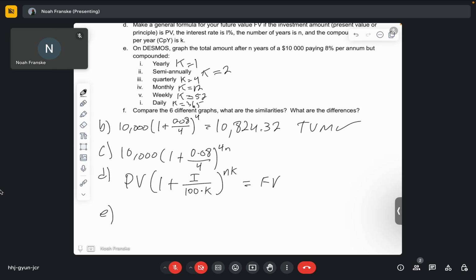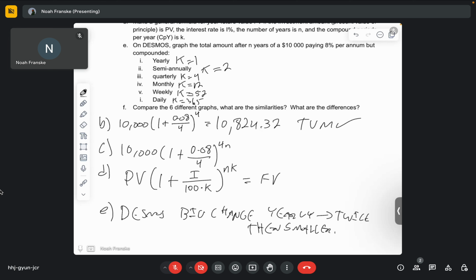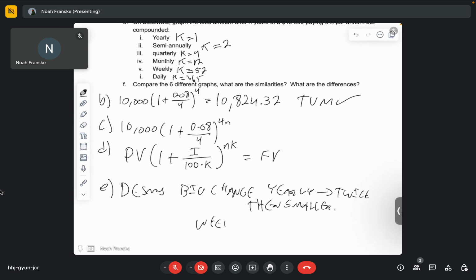All right, so E we did on Desmos, and we saw there was a big change from yearly to twice a year, but then smaller. Going from weekly to daily was not huge, even though it's 7 times as often.